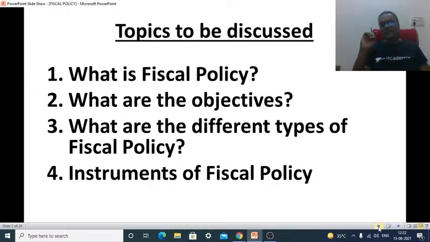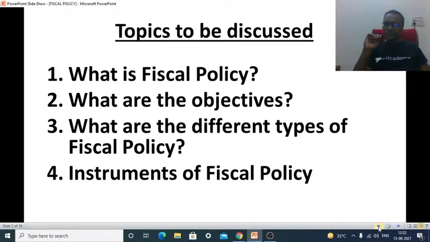On the other hand, we have indirect taxes. What are these indirect taxes? From an economic perspective, in the case of indirect taxes, the tax incidence and the tax impact will be on different people.